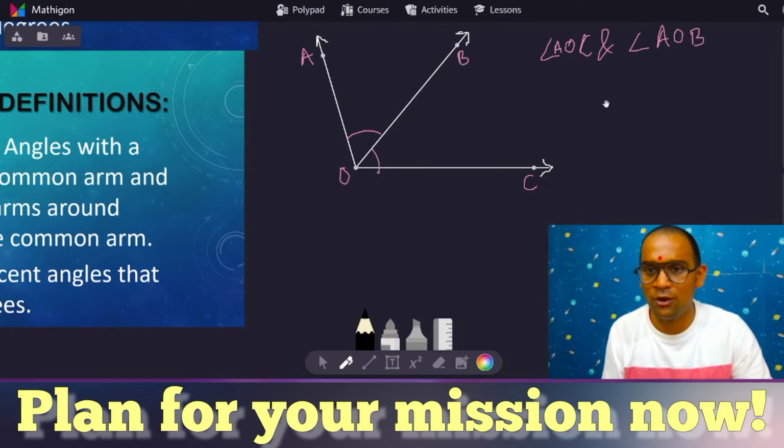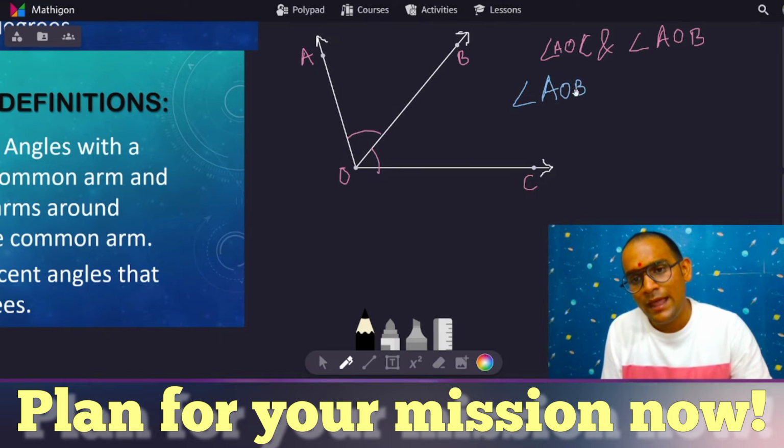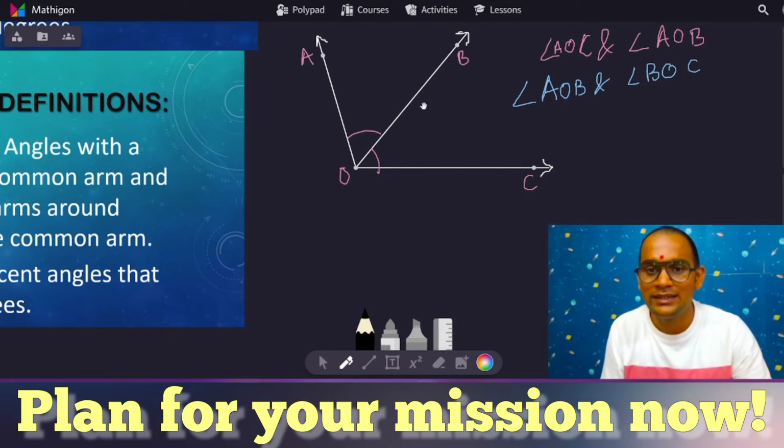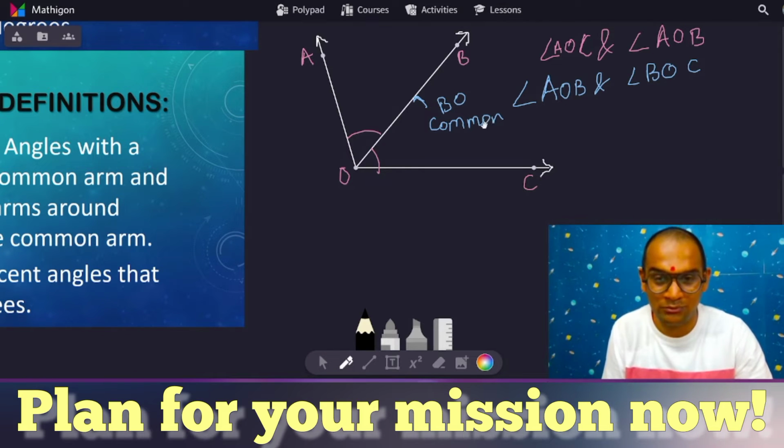Let's try to understand. Now, let's suppose I'm talking about angle AOB and angle BOC. When we talk about this, ray BO is the common arm.